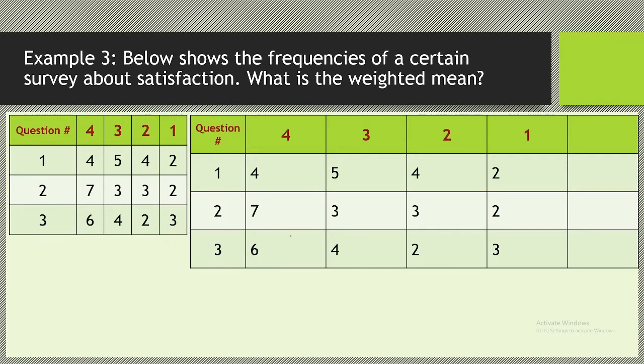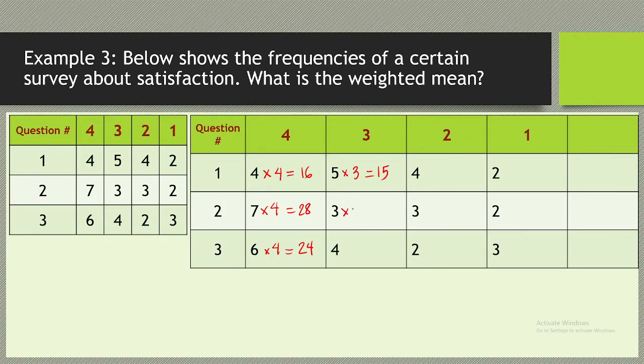For the column having a weight of 4, I'll multiply all these numbers by 4. This is 16. Multiply this by 4, you'll get 28. Multiply this by 4, you'll get 24. The same thing, if the weight is 3, you multiply it by 3. That's 15.